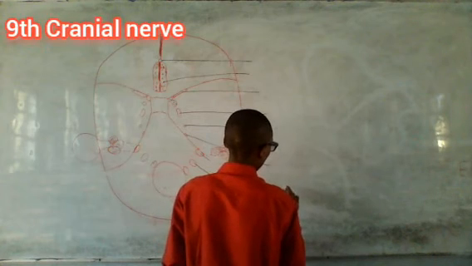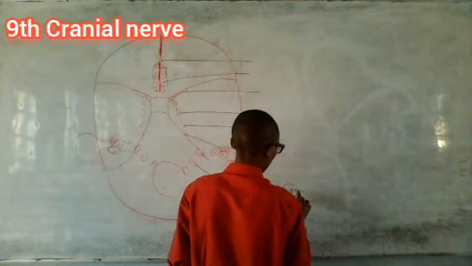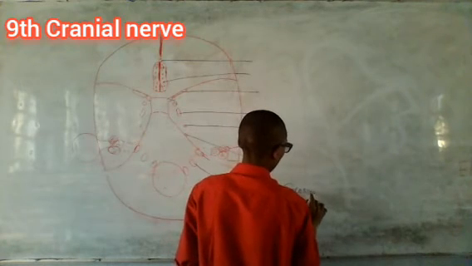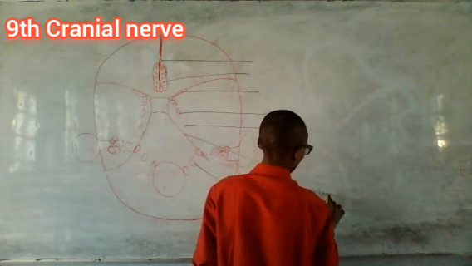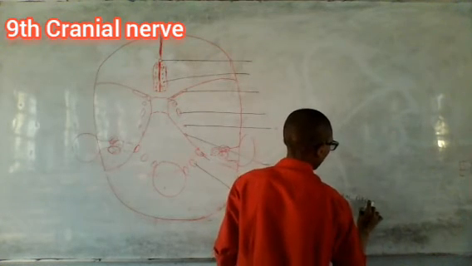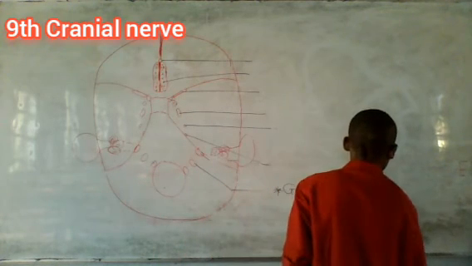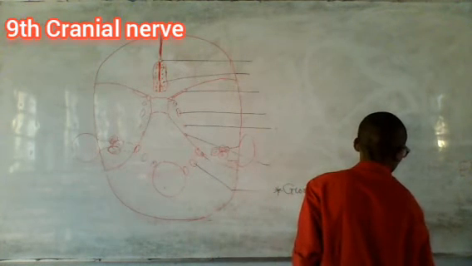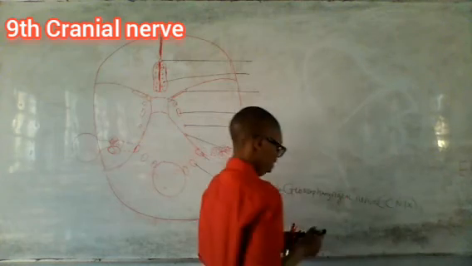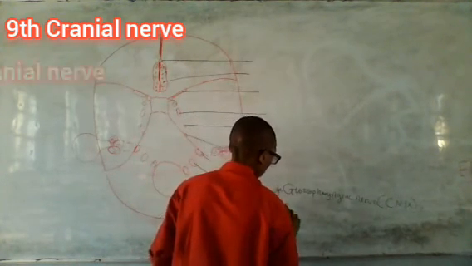we have the glossopharyngeal nerve, and the glossopharyngeal nerve is the ninth cranial nerve. We have the vagus nerve.